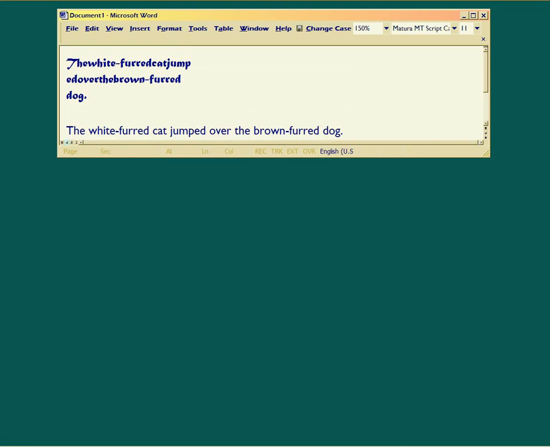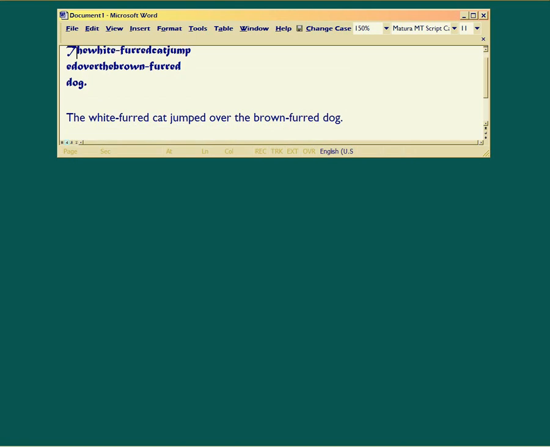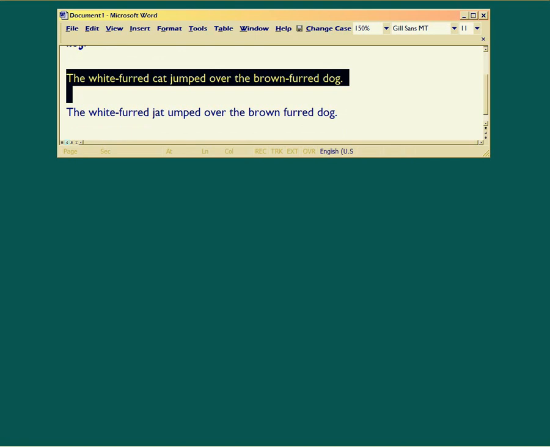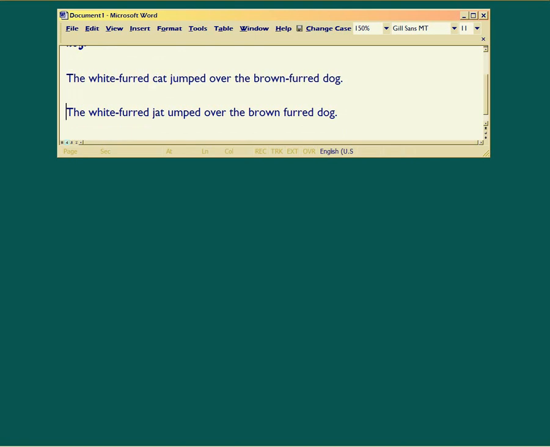Okay? Now, let's say that somebody else, let's pretend this was the original, here's the first copy. Let's say the next guy looking at the copy didn't have the original to check. All right, so all he had was that as the original. This is the original as far as he's concerned. But when he's writing, he's tired, because you're talking about thousands of verses they had to do. So when he does that, instead of saying cat, he says jat.